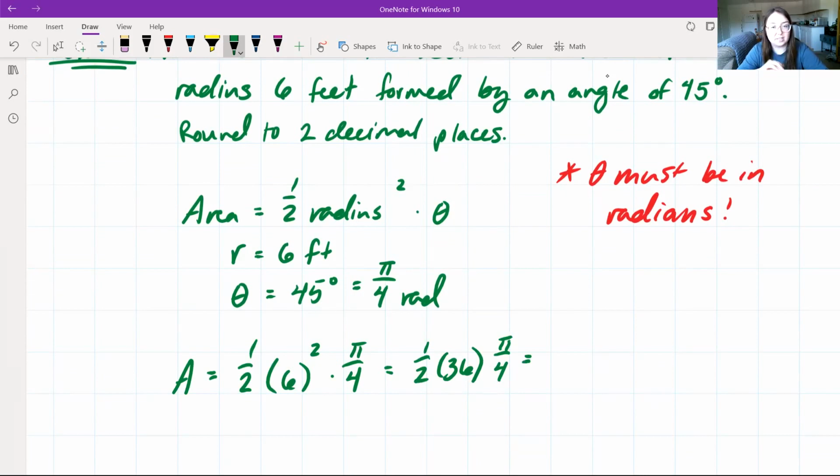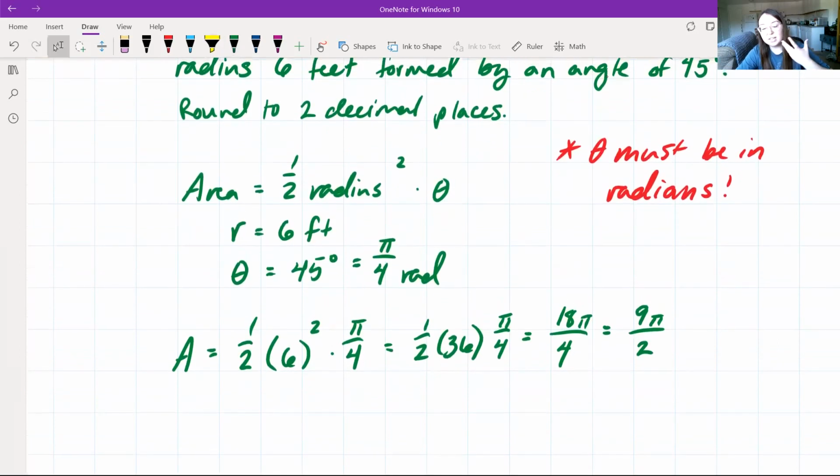We'll go ahead and do 36 times 1/2. This will be 18 times pi over 4, which we can write as 18 pi over 4. 18 and 4 can both be divisible by 2, which leaves us with 9 pi divided by 2.